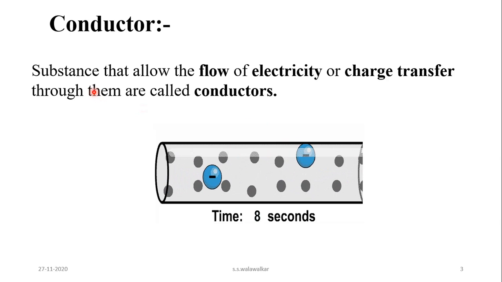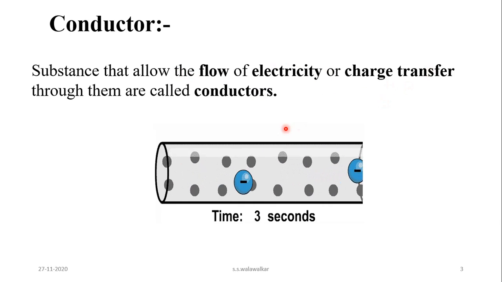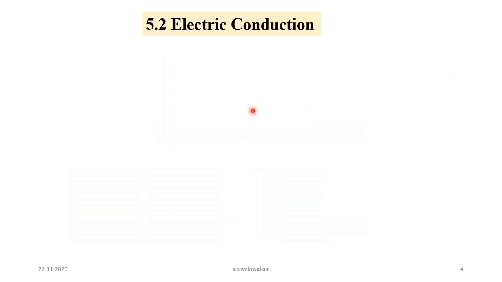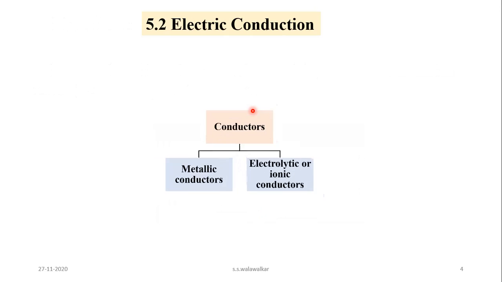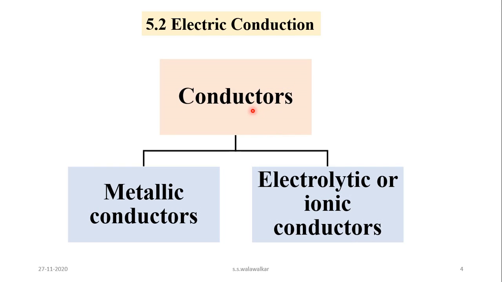These conductors are classified into two types according to the mechanism by which the transfer of charge takes place, as metallic and electrolytic or ionic conductors.